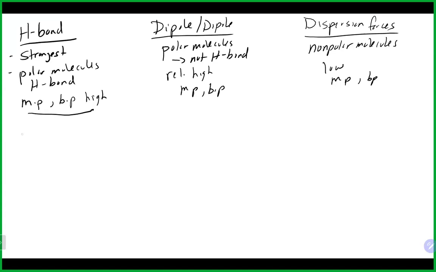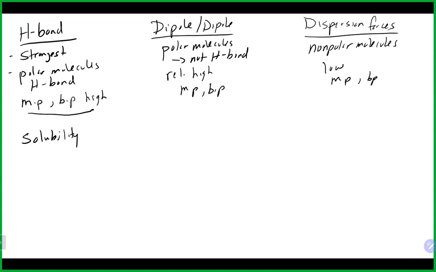So this affects things like melting points and boiling points. It also affects things like I talked about a second ago, solubility. Things are typically going to be soluble in each other, as I mentioned before, if they're using the same type of intermolecular force that they use with themselves. So water works great with anybody that hydrogen bonds. If you try to mix water with something organic, they will not mix together.